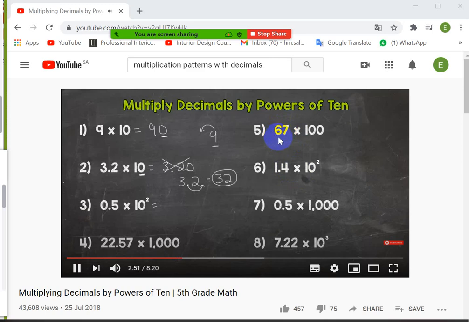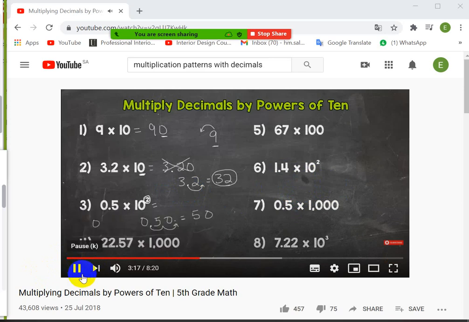So we have 5 tenths times 10 to the second power, which means 10 times 10 or 100. So I'm going to rewrite my 5 tenths down here and move the decimal 2 times because I have an exponent of 2. 1, 2. Fill this with the 0, and my answer is 50, right?